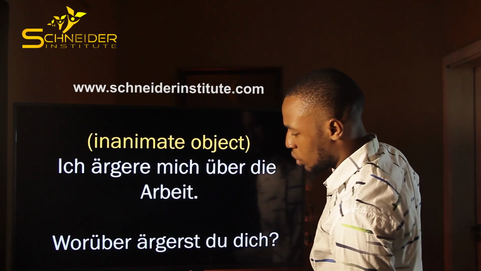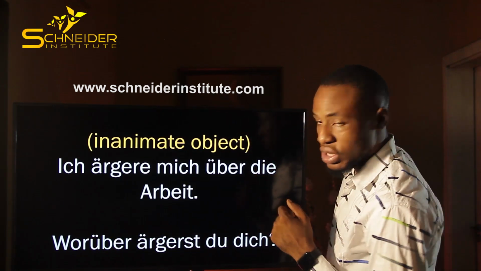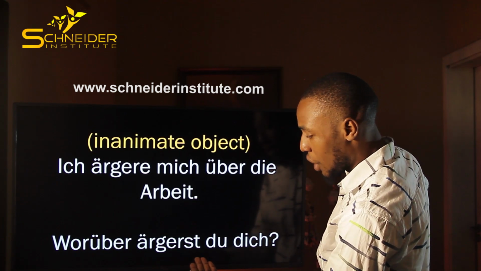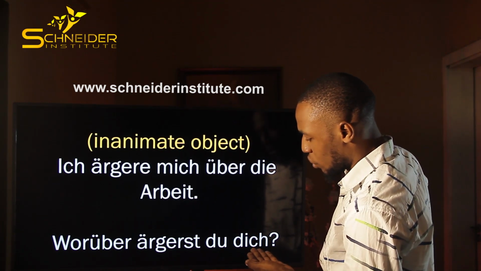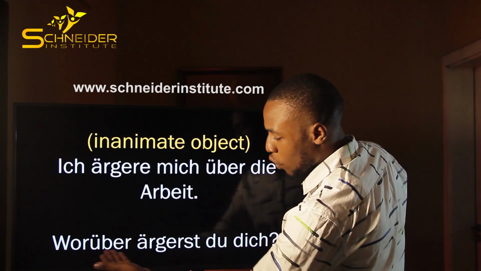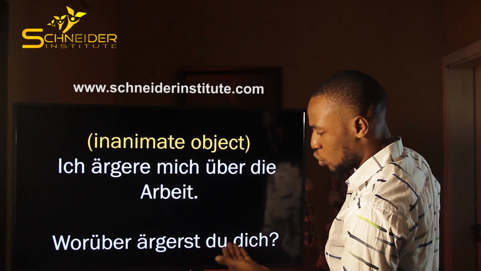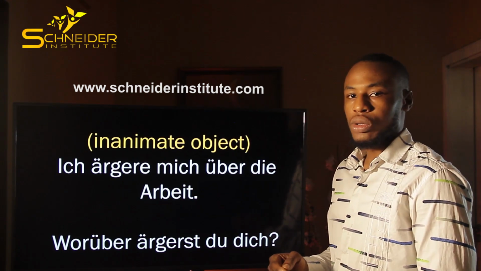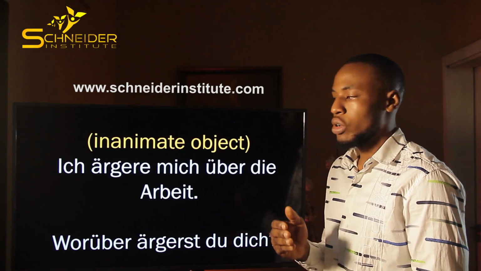Recall, r has to come in between because the preposition starts with a vowel. And here we have ärgern, the verb to be angry, and the reflexive form. So we have worüber ärgerst du dich, which means what are you angry about?